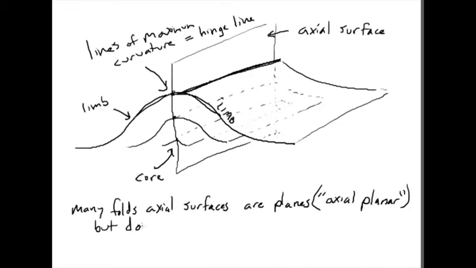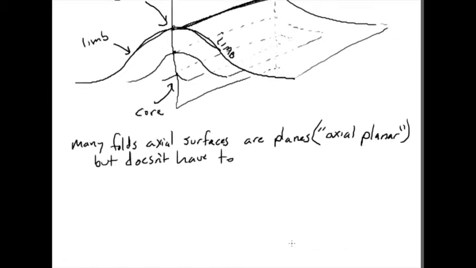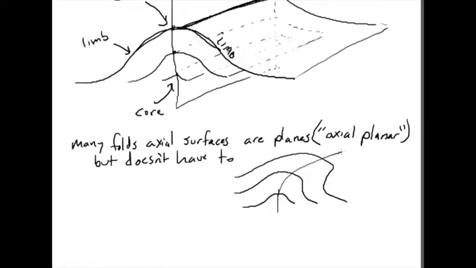But it doesn't have to be like this, even for a cylindrical fold. You can imagine a fold where here's the axial plane for one layer, but then for the next layer the axial surface would bend. So this would not be an axial planar fold.